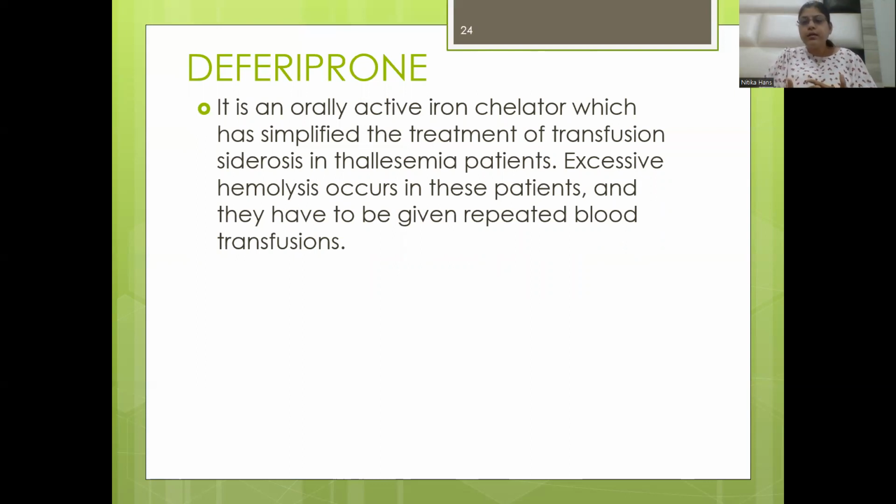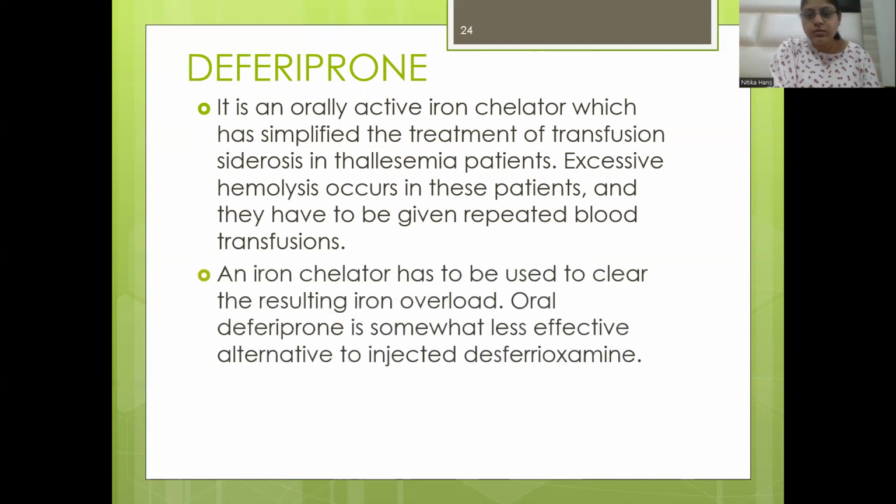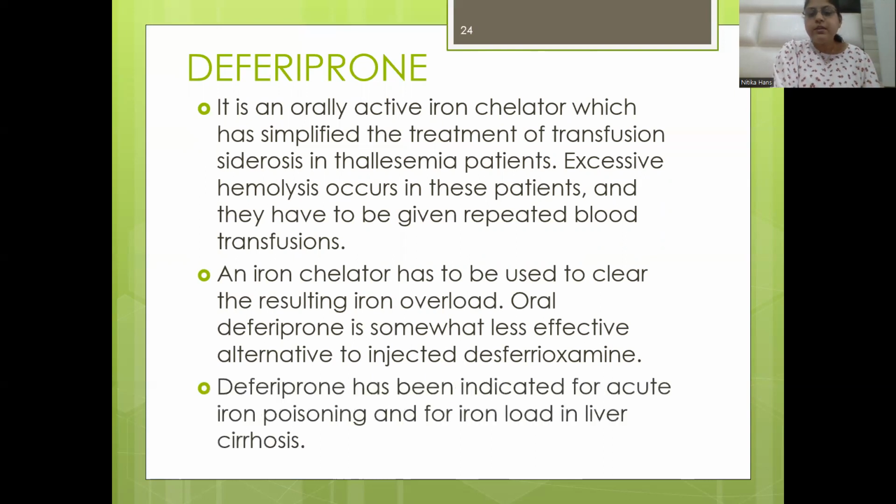So when there is chronic iron overload, we can give deferiprone. Oral deferiprone is a somewhat less effective alternative to injected deferoxamine. It has been indicated for acute iron poisoning and for iron load in liver cirrhosis also, when patients take iron tablets.